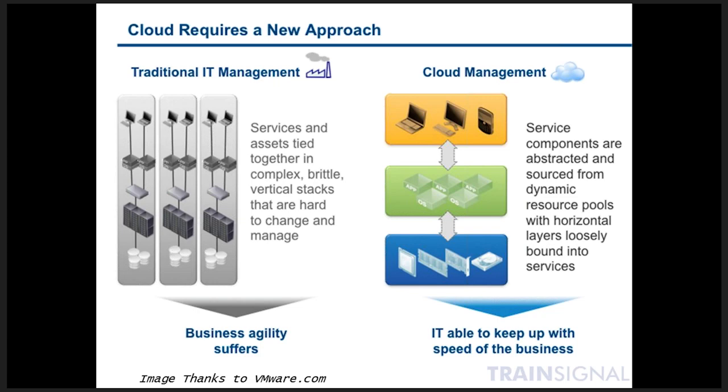If you think of the traditional vertical stacks, think about how much wasted memory, CPU, disk storage, and networking capacity is in each one of those stacks, because you don't want to max out one of those stacks. Your application might run poorly. So you overbuild. Every stack is overbuilt.